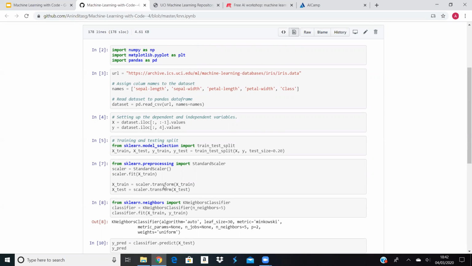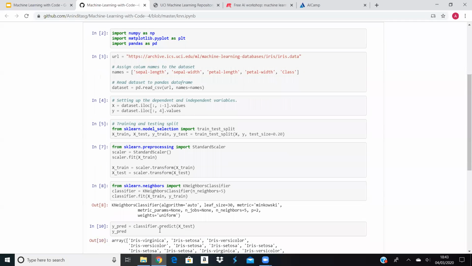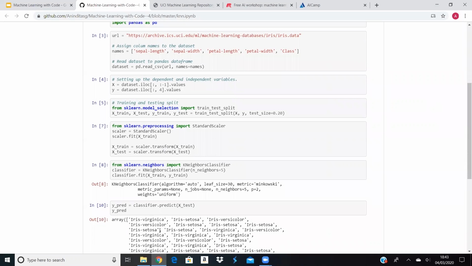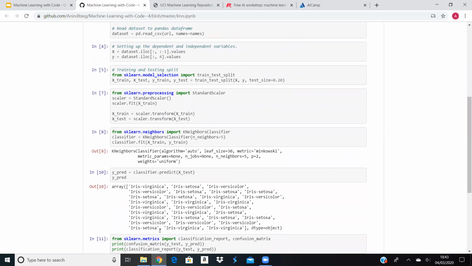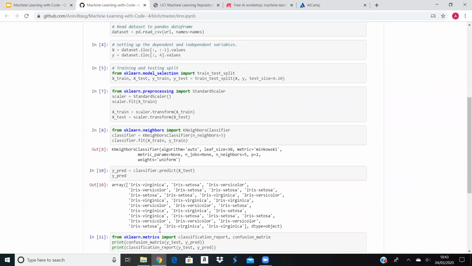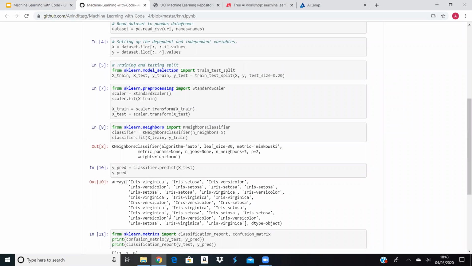So based on these 4 columns and based on the patterns that have been found from the classifier.fit function, a scikit-learn classifier will predict the most likely class. And then when we run the metrics, we find out whether this class that our classifier has predicted is actually correct or not. Does this make sense to you?